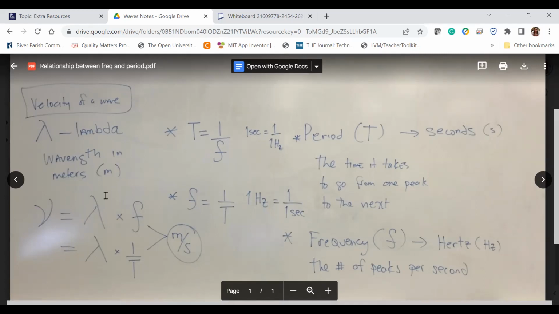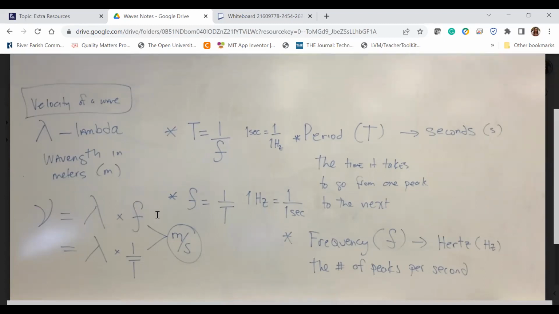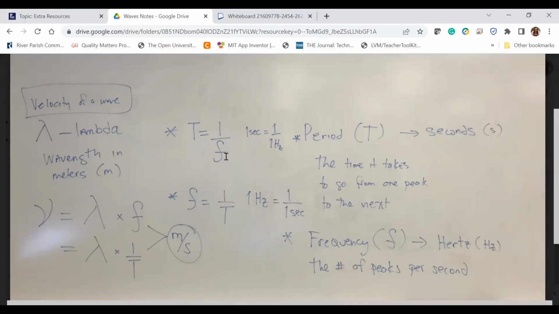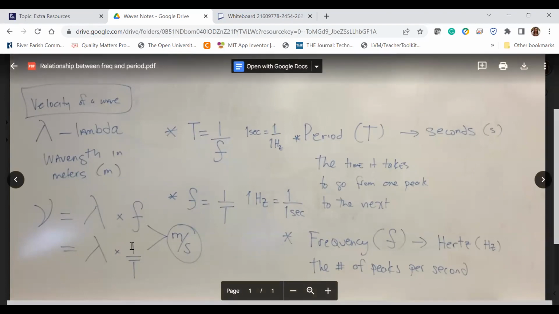That stands for wavelength in meters. And then we have our frequency in hertz, or since frequency and period are reciprocal or inverse of one another, we can replace the frequency with 1 over the period. And either of these formulas, wavelength times frequency or wavelength times 1 over the period, will give us our wave speed. That's the universal wave equation.